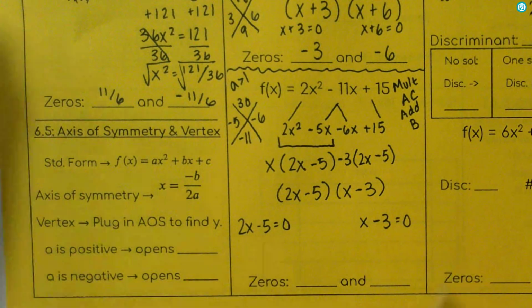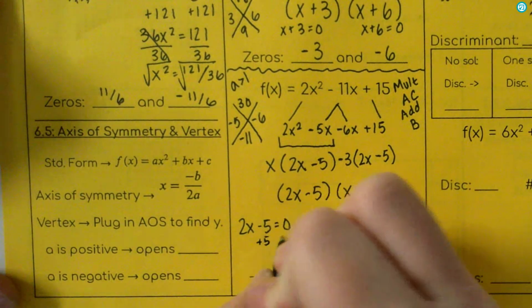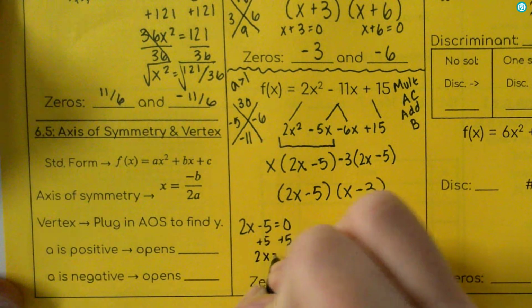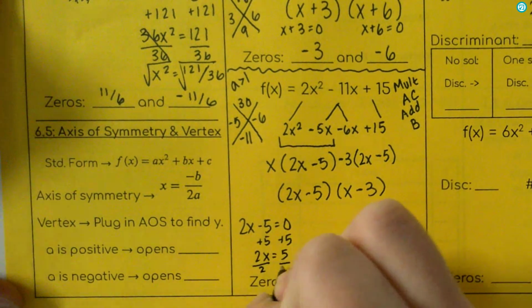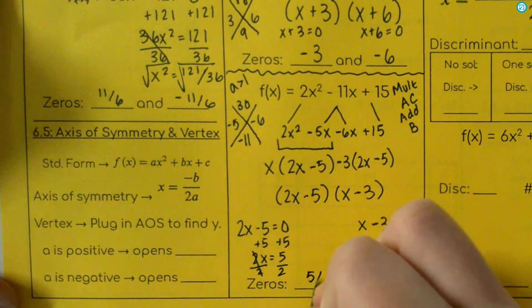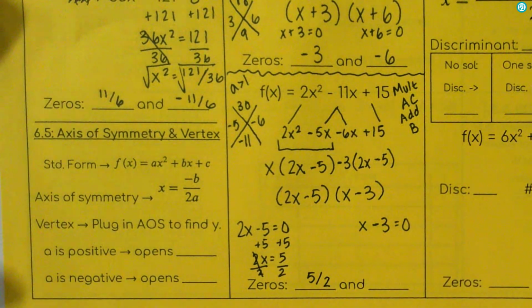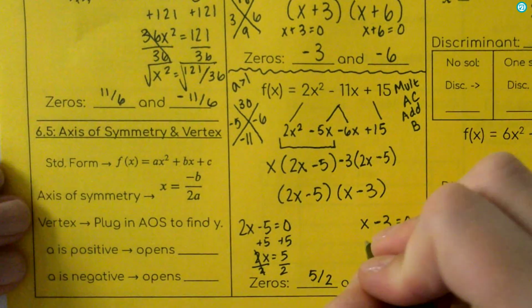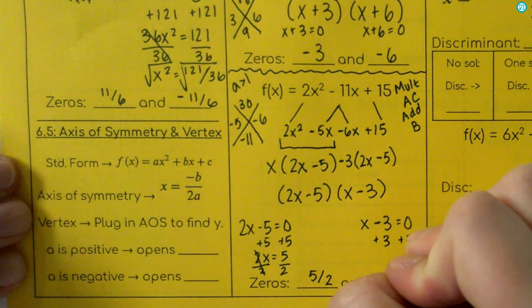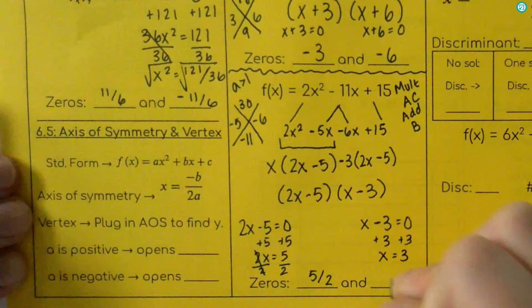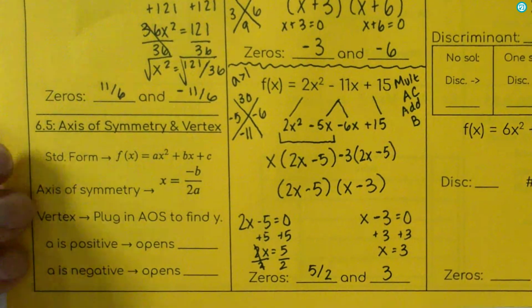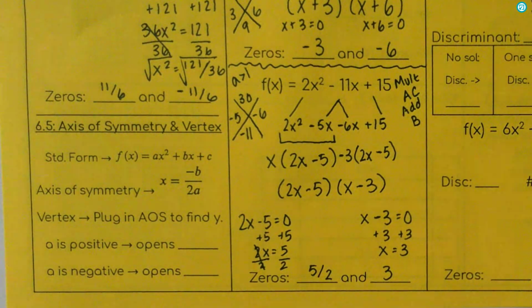So let's write out this one. We'll add 5 to both sides. We'll have 2x equals 5. And we'll divide by 2. So one of our zeros is going to be 5 halves. The other one, we'll add 3 to both sides. Our other 0 is going to be positive 3.